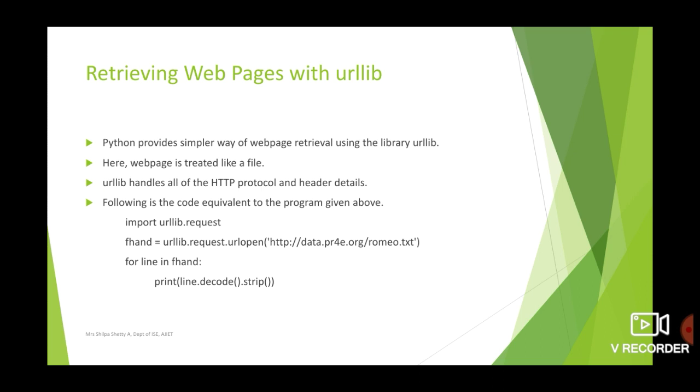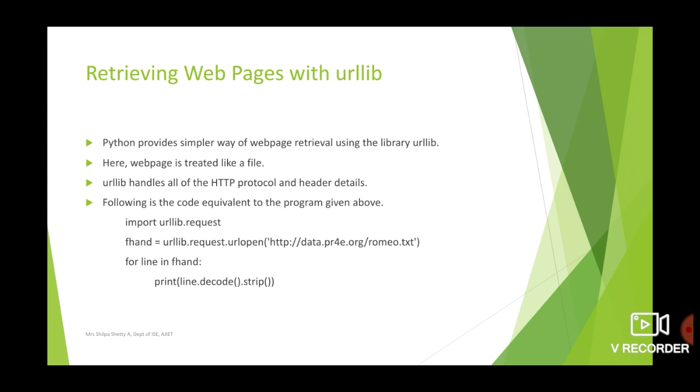Now once it is done, let us print the text that we have retrieved. So for line in fhand, we are retrieving each line here. Print line.decode().strip(). So whatever we have received will be encoded.